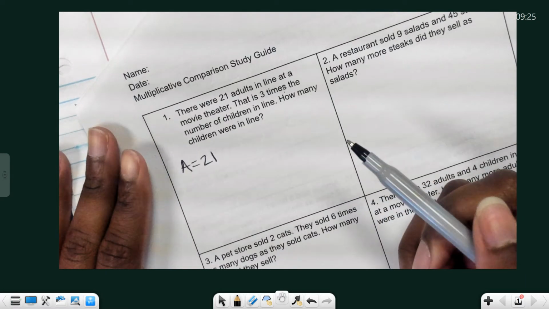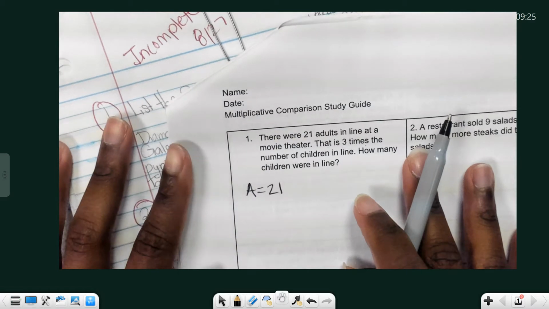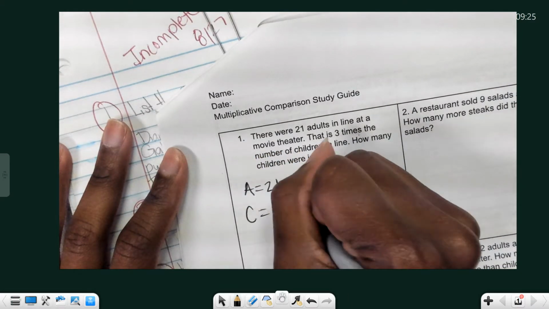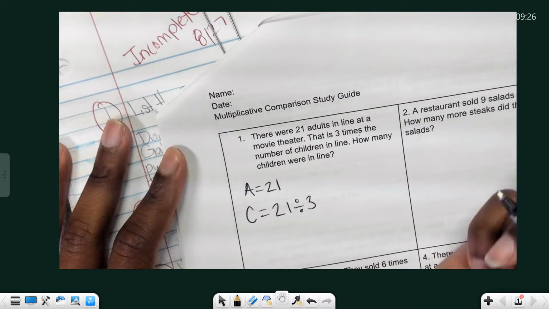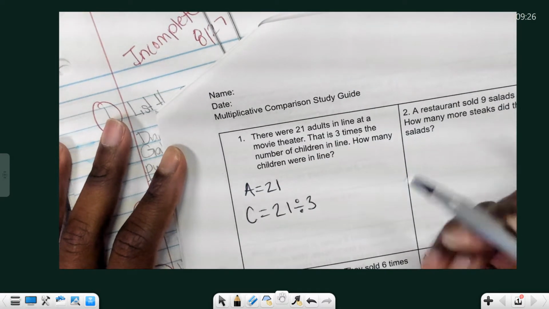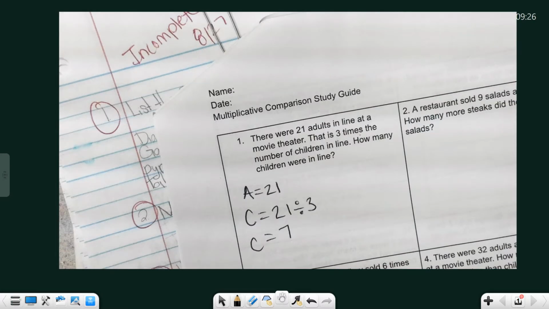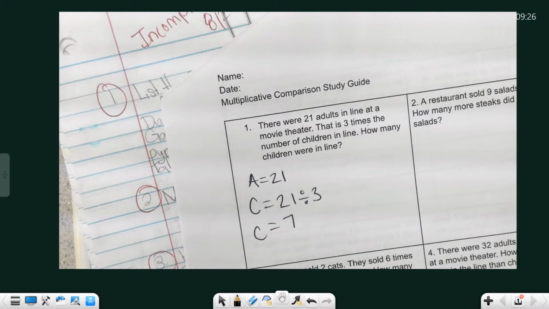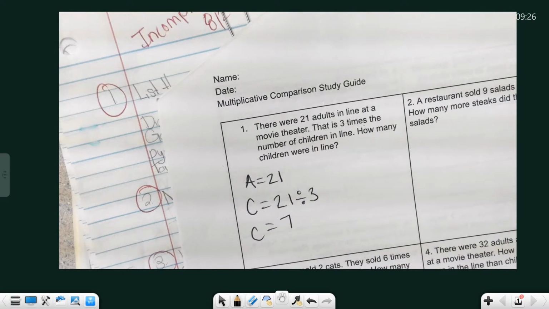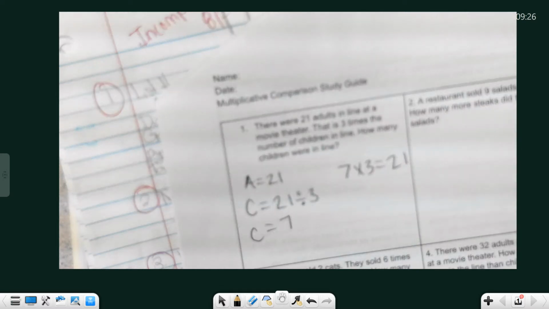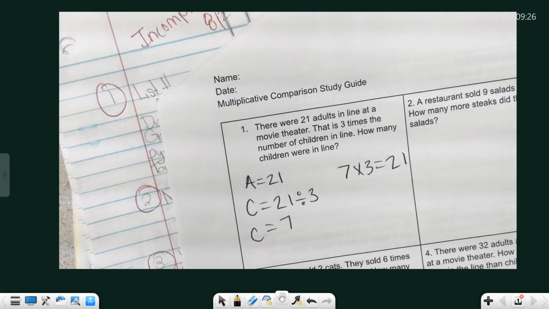So our equation should be 21 divided by 3 equals 7. 21 divided by 3 will tell us how many children there are in line. C equals 7, so there are 7 children in line. You can also check with multiplication: 7 times 3 equals 21. Any questions about that one?